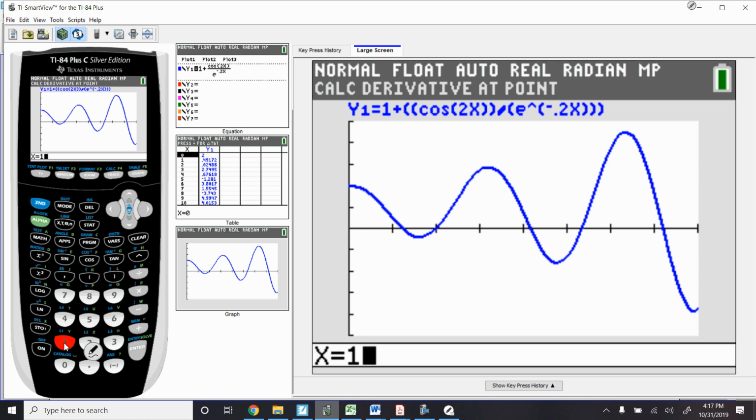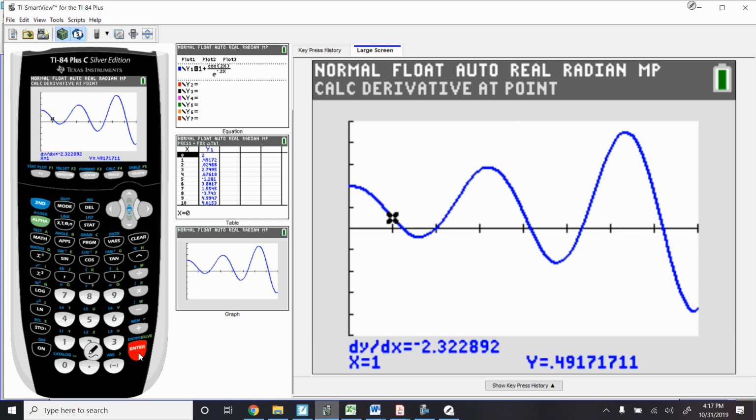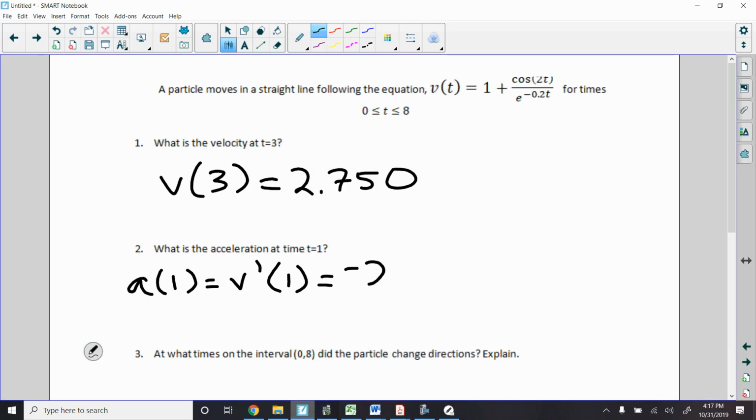And then I'm just going to type in the number I want to do the derivative at, and look for dy dx equals. This is my answer right here. So a of 1 is negative 2.323. Again, I can find accelerations at any times I want. I don't have to do a quotient rule, chain rule hybrid here, right? Numerical derivatives are very quick and easy to do on your calculator.